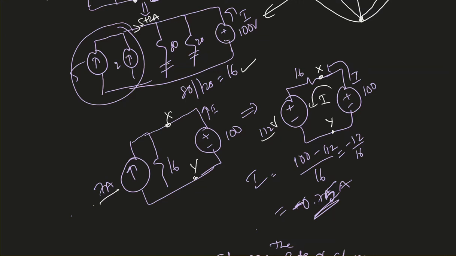Because this is what he's asking for, I equals the voltage at this point is 100 volt. The voltage at this point is 112 volt. And I'm assuming this is grounded. So 100 minus 112 divided by 16 will give me minus 0.75 ampere.